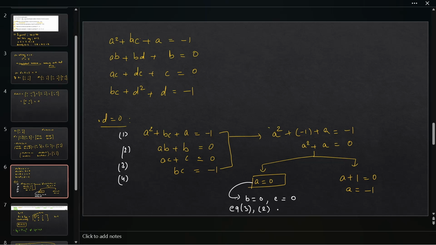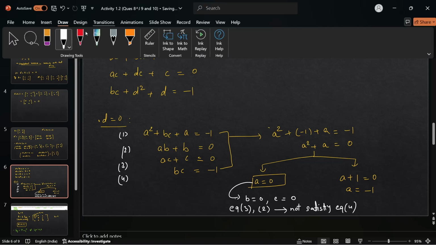And if B and C both are 0, then their product will also be 0. That means equation 4 will not get satisfied. So that means A equal to 0 cannot be the possibility.